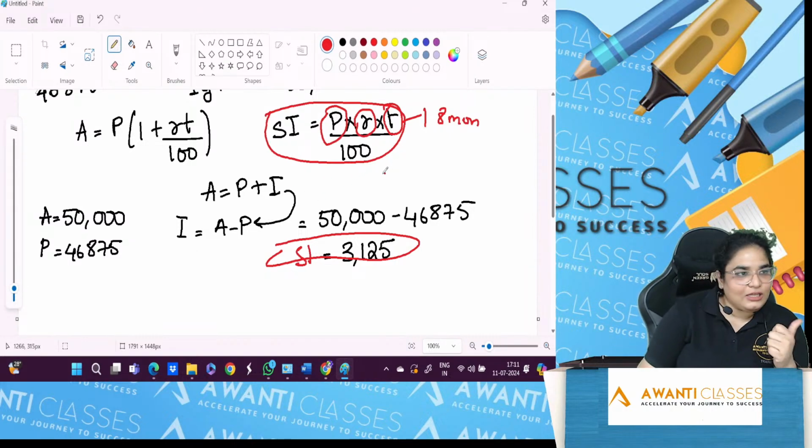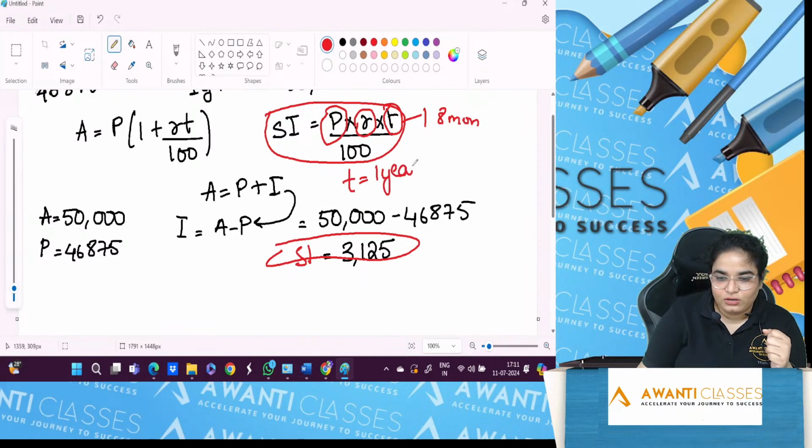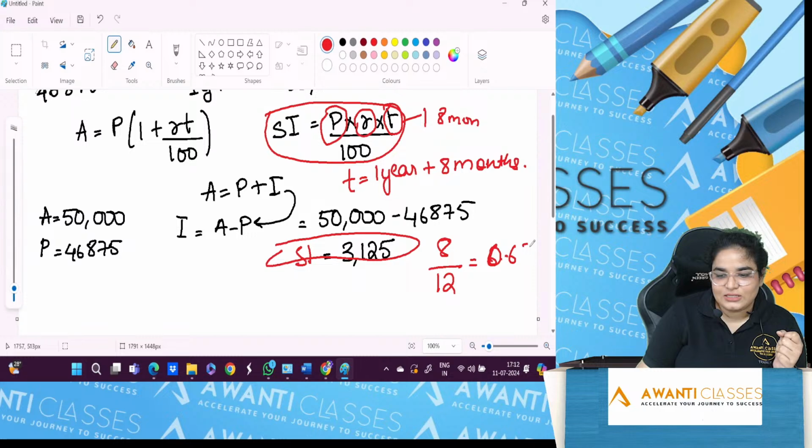T is equal to 1 year plus 8 months. What is that in fractions? 8 months upon 12 months is equal to 0.67. So T is 1.67 years.